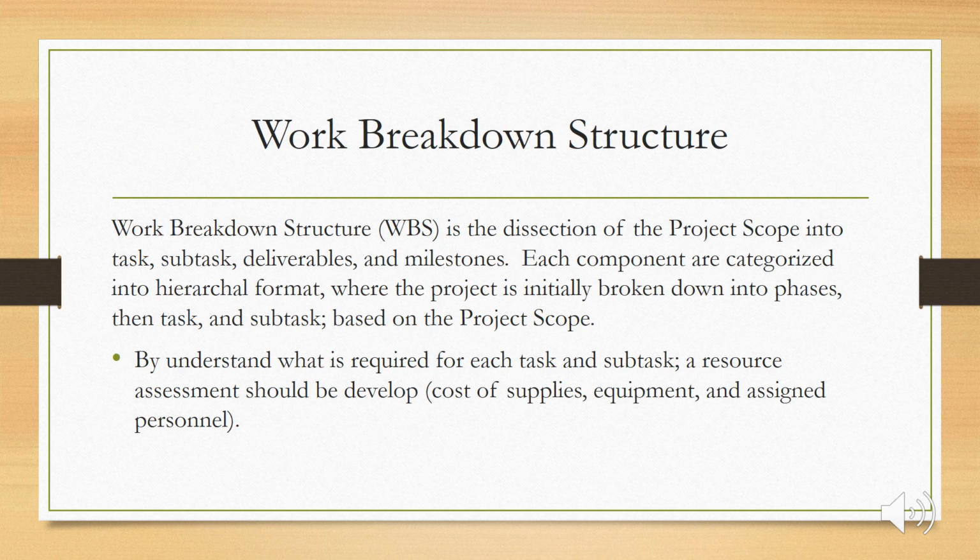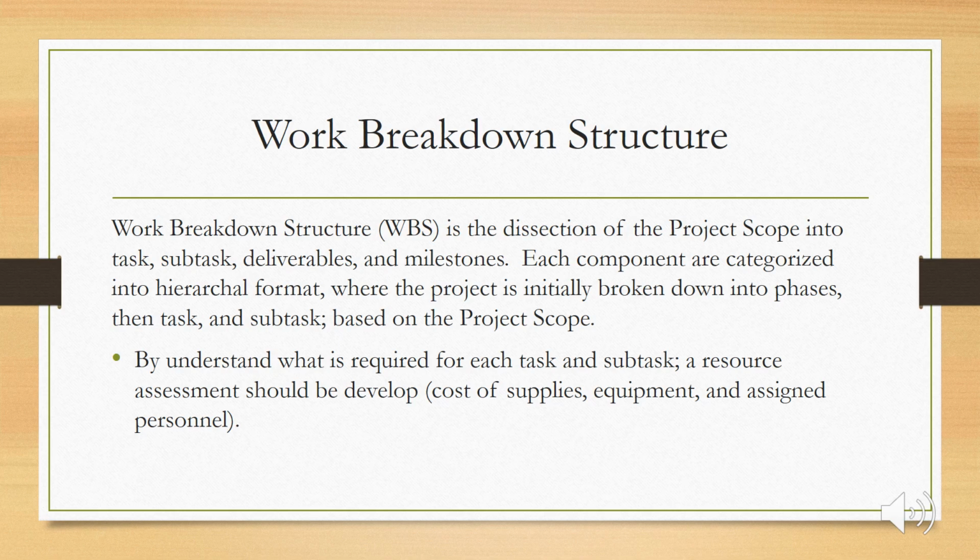So, the work breakdown structure. It is a dissection of the project scope, and it lists all the tasks, subtasks, deliverables, and milestones. Each component is categorized in a hierarchical format, where it's initially done by phase, and then each phase has a set of tasks.